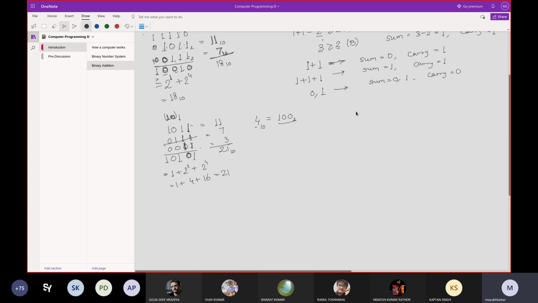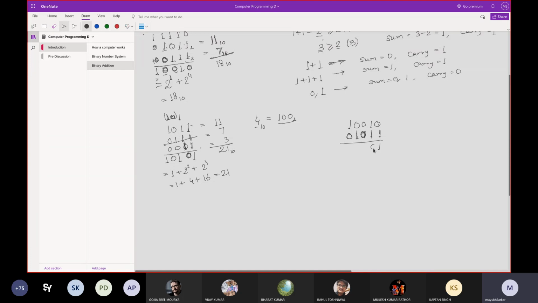Let me show you another example. Suppose we have 1 0 0 1 0 and 0 1 1 1 1. I'm just taking it randomly. So 1 and 0, 1 here, no carry, because this is only 1 and 0. Let me put a 0 here. Otherwise there will be a carry on every one of them. Let's do something different, because we already have taken the carry over all of them.